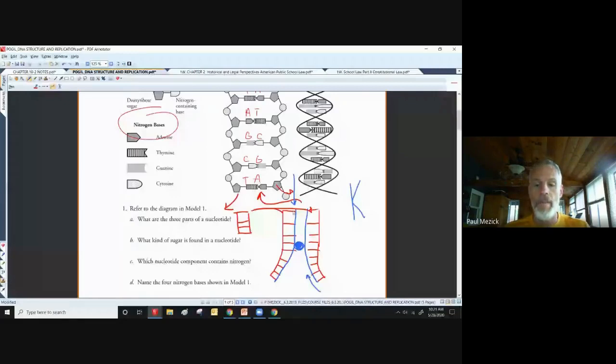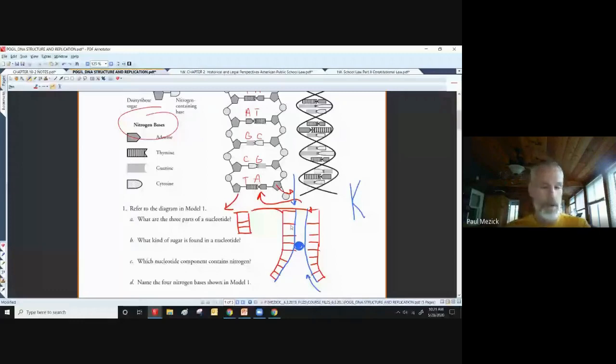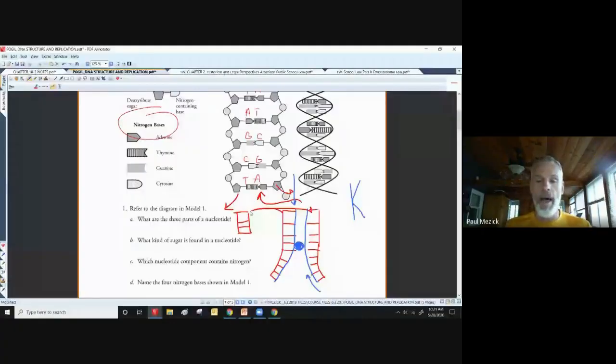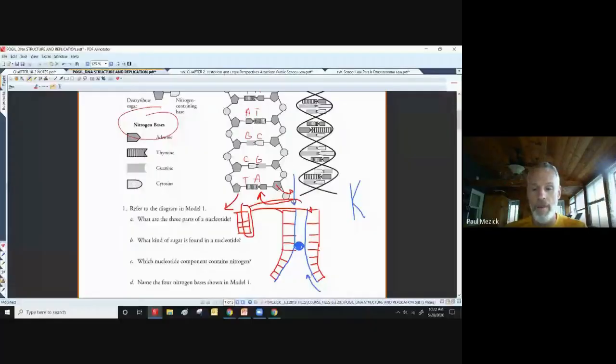So semi-conserved, I've retained half, conserved in the copy. So the original strand of DNA, when it makes its copy, keeps in the copy half of the original DNA. So if you think about it, here's that half, it breaks apart, and now it becomes part of the original copy. And the original copy still has it, there's the duplicate, but there is half of the original copy on this side, and there's half of the original copy on that side.